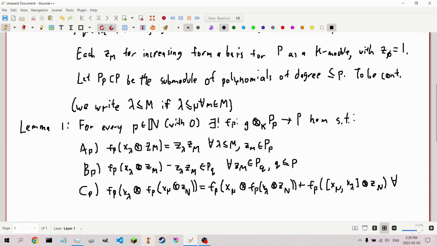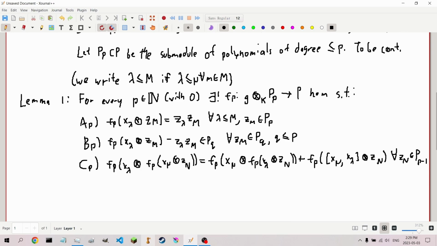And this is for Zn in P_{p-1}. And keep in mind, this all lines up to be in the domains you need because of this condition given by BP.